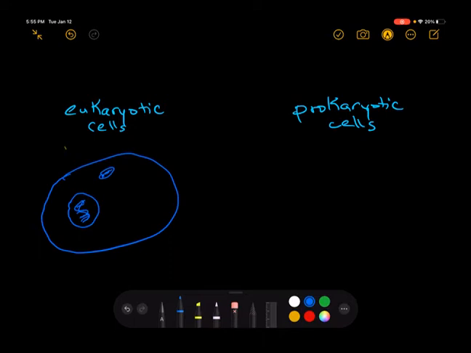Mitochondria have a membrane. We would see the endoplasmic reticulum, which is made up of membranes, as well as the Golgi apparatus. All these things are membrane-bound compartments, which just means that you have some kind of contained or separated area within a membrane.